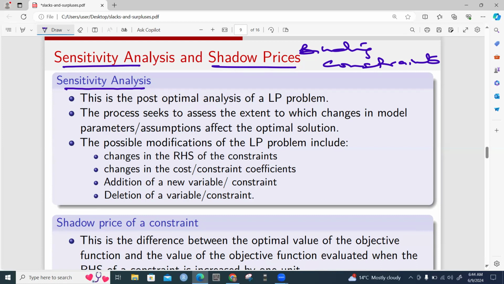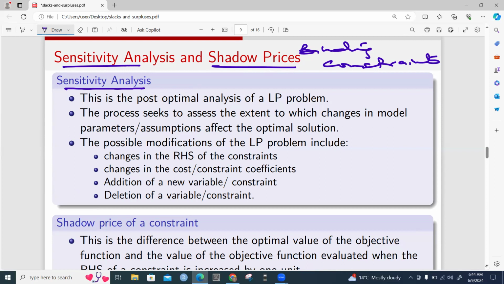If it's a linear programming model of the maximization kind, whose objective is maximization, you want to see whether the objective function can be made better in terms of increasing. Or if it is a minimization objective function, we want to see if it can be made even further minimal.